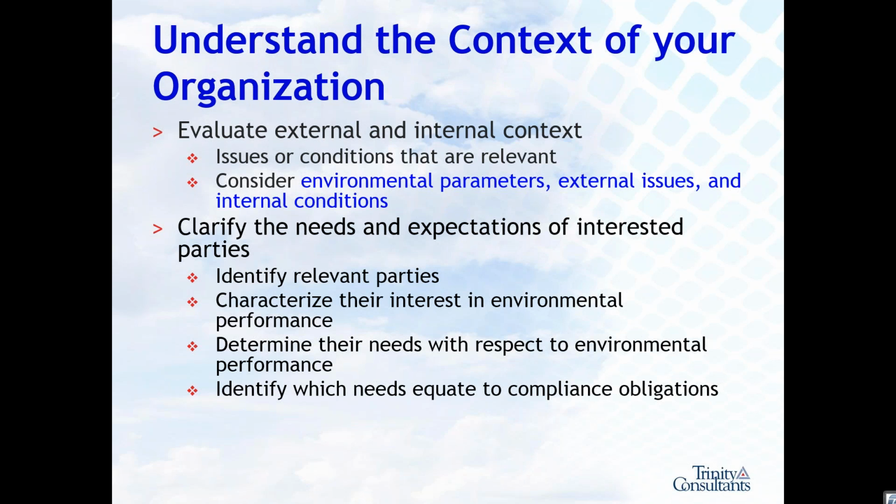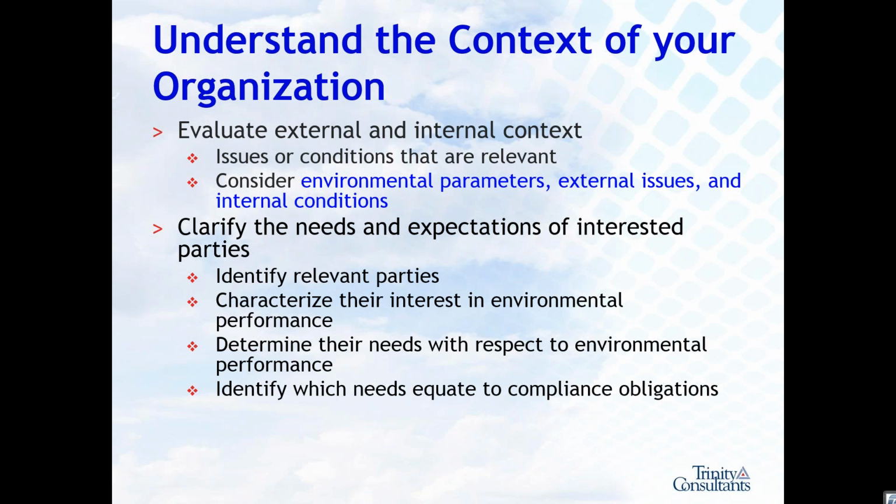And then once that has been established, you can assess the needs and expectations of interested parties. So the goal of your management system, for example, regulatory compliance. So that's a need and an expectation of a regulatory body. But you can obviously go deeper than that in determining the various groups, both internally and externally, that your organization interacts with.